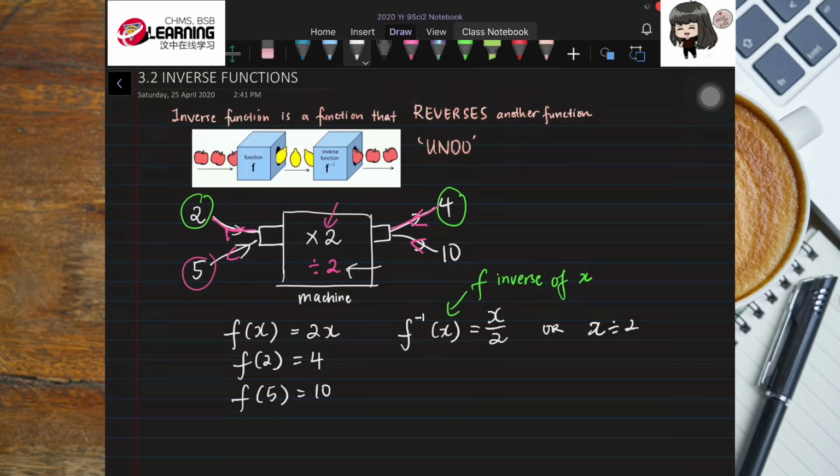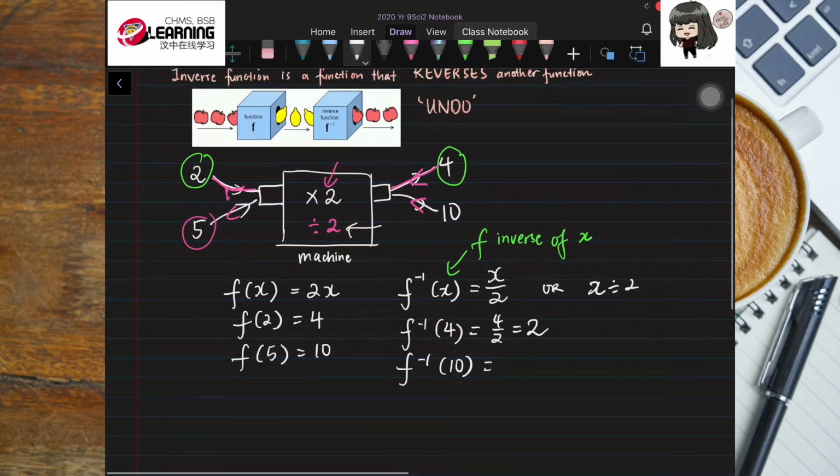So when you put in 4 over 2, or 4 divided by 2, it will become a 2. And if you do f inverse of 10, it's an inverse process.